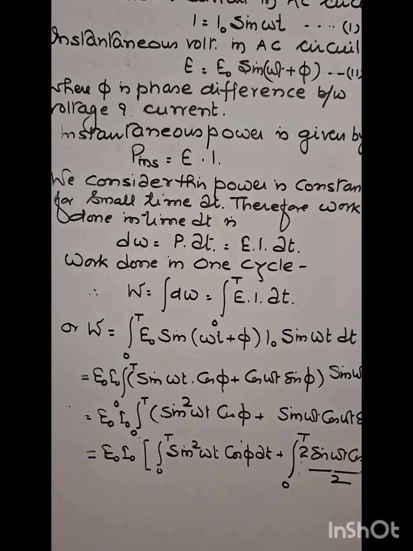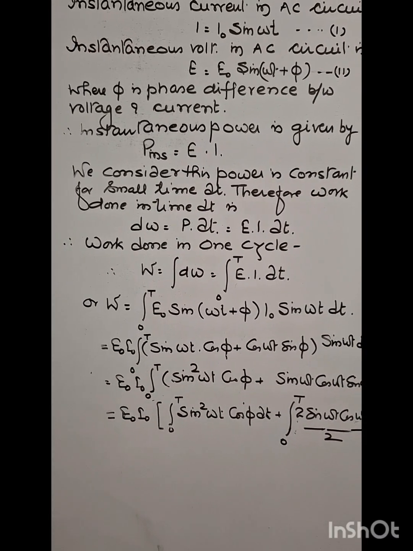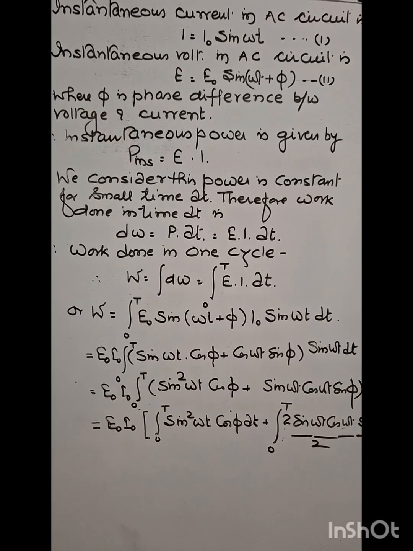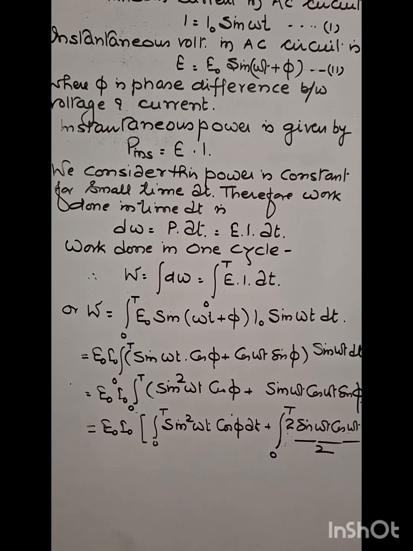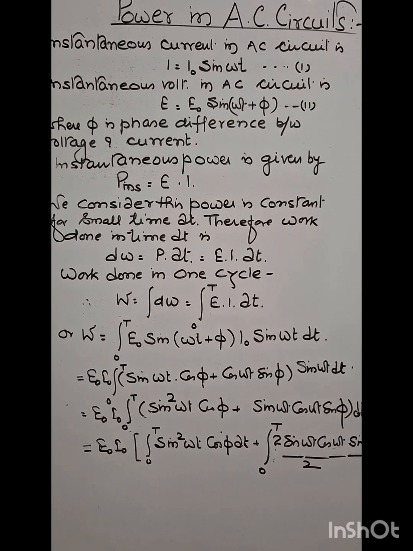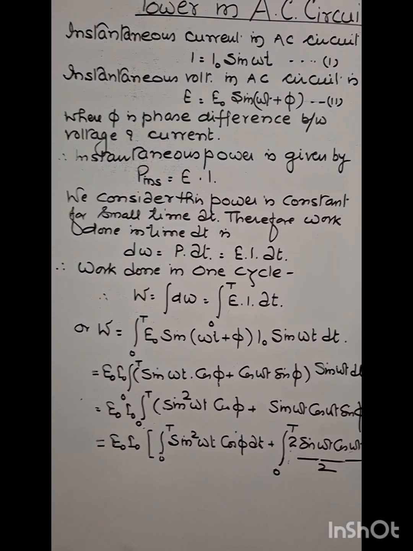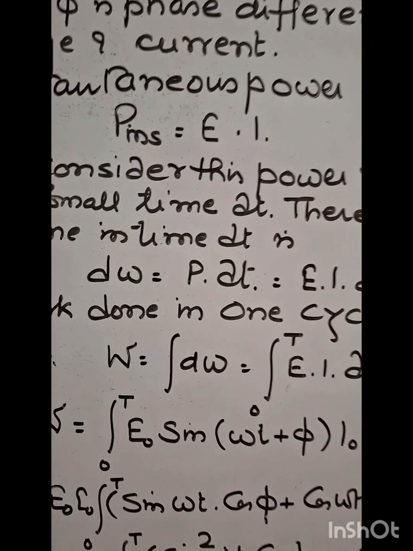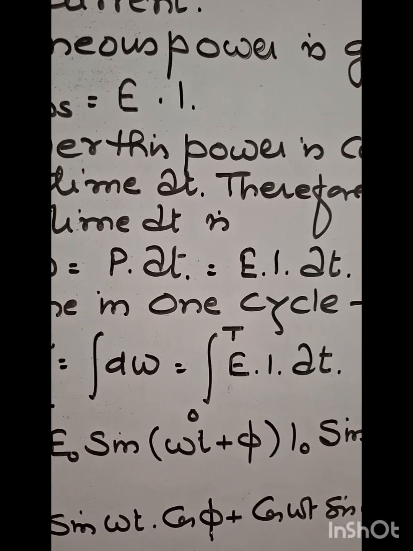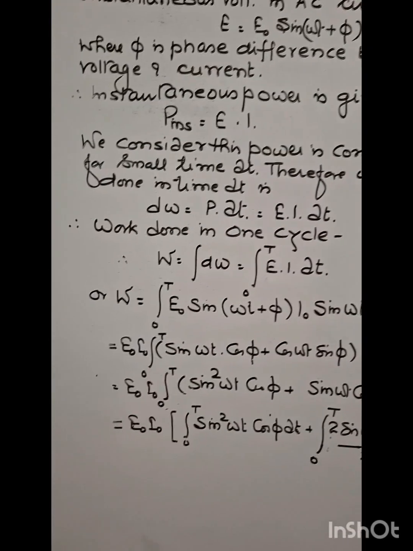We consider a small time dt over which power may be considered constant. So power is constant for time dt. Therefore, work done in time dt is given by dW is equal to P into dt is equal to E into I into dt.